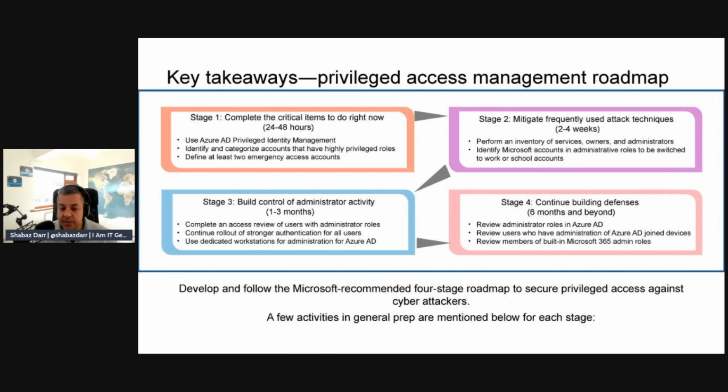In the next 1 to 3 months, you can use PIM and Entra admin roles to manage, control, and monitor access to those resources. Then, within the next 6 months and beyond, you can review administrative roles in Entra and the users who have those admin roles, join devices, and validate incident response plans as well. So there are a lot of things we can do in stages: some things now, in the next couple of days, the next couple of weeks, the next couple of months, and then longer term, 6 months plus, to mitigate identity attacks.